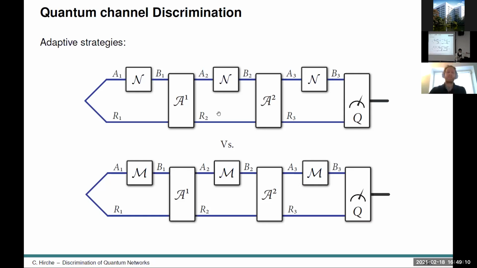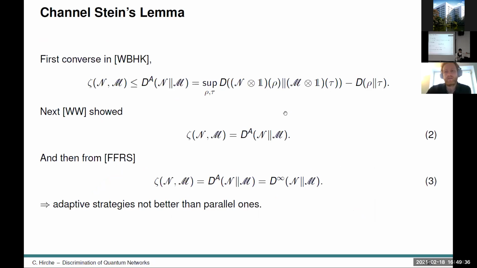And you can see that these strategies are more general than the parallel strategies on the last slide. But for a long time, it wasn't clear whether these are more powerful or not than any of the other strategies. And there's only recently been progress on this question, roughly in the last 3 years.